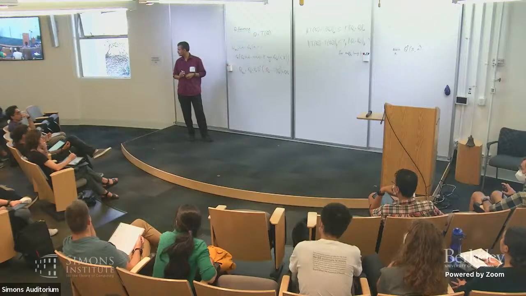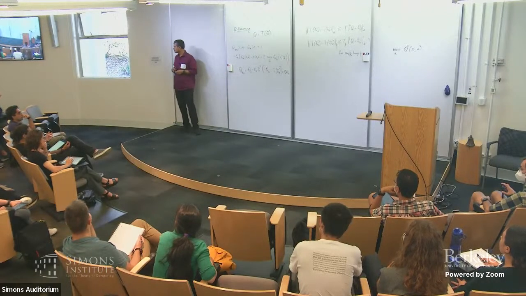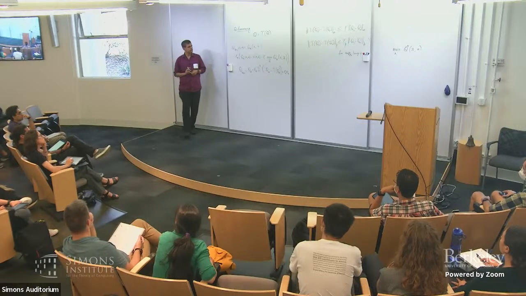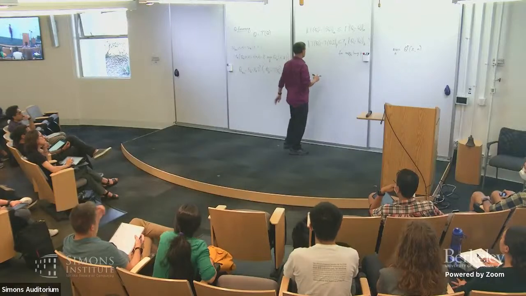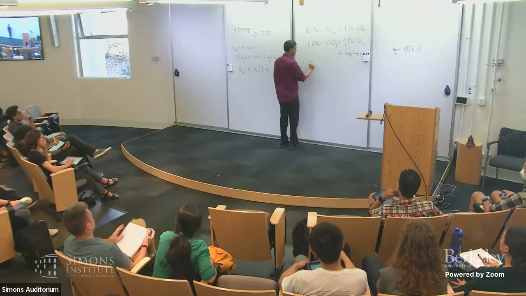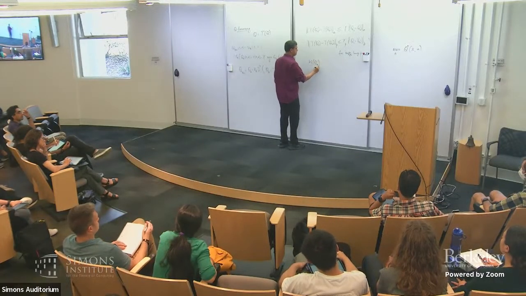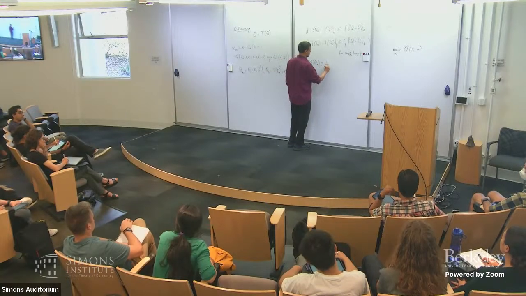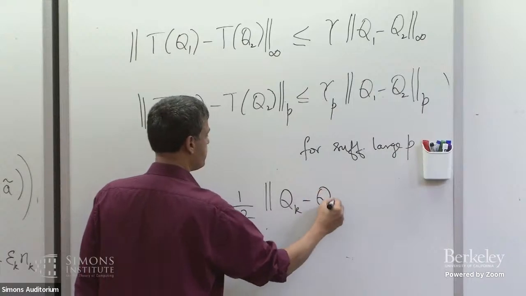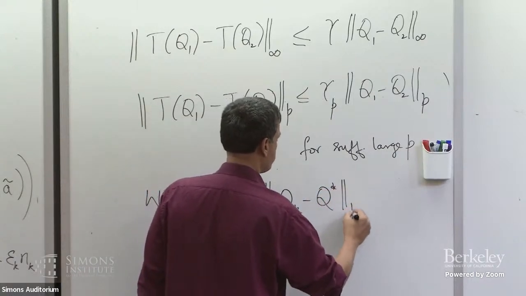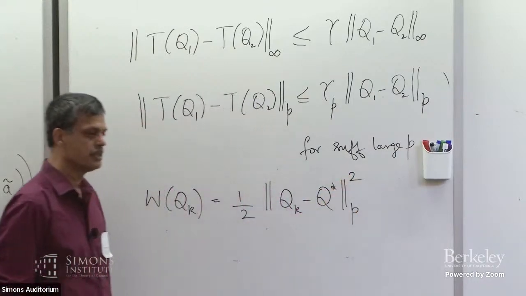Oh, is T still not a contraction under D pi star even, right? No. Yeah, so this is true. So the Lyapunov function that we use in this case is this.